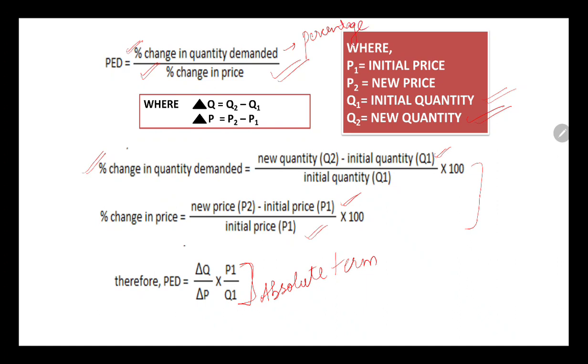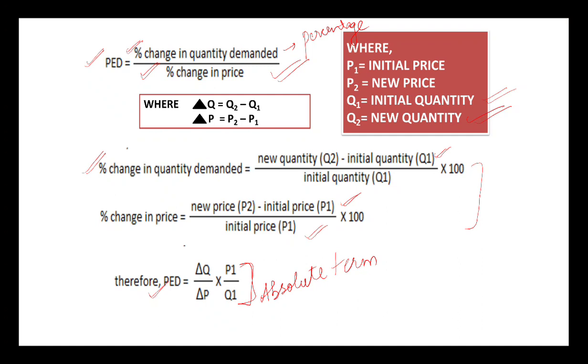So this percentage method, this PED, focuses on the percentage, and when we elaborate the percentage, we come to the proportionate method. We should always remember this formula. There are very few formulas in elasticity and the whole chapter revolves around them. Now in this session I will be covering the numericals from simple to complex, so we can go one by one.